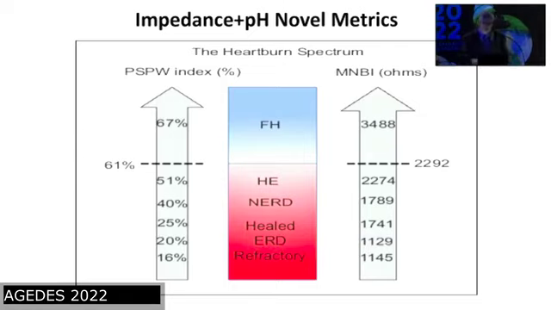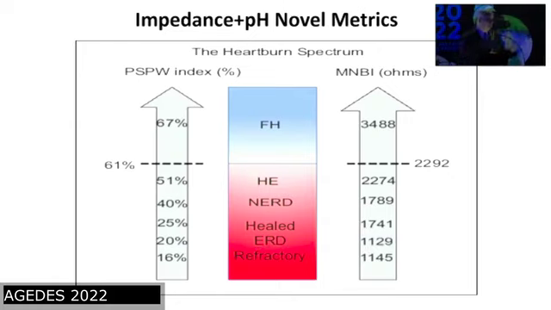In fact, if it's above 2,292 ohms, then it's most likely functional heartburn. And you can see that there are different numbers for non-erosive reflux disease and hypersensitive esophagus, which is another name for reflux hypersensitivity. Now we think it's 2,000 ohms. The number has not been set yet.